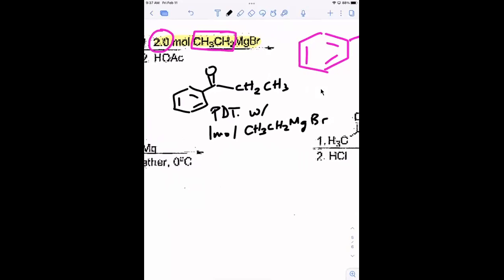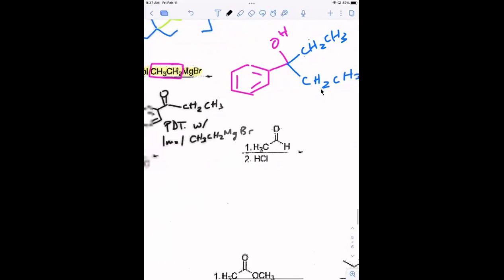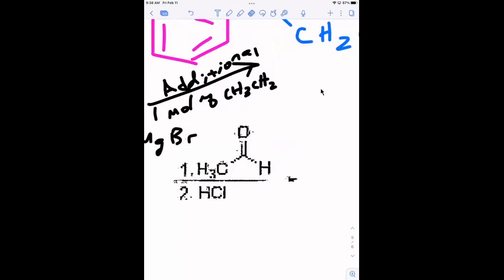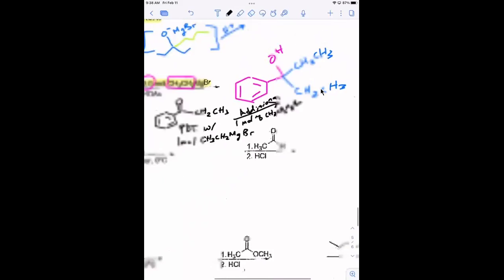Right? That's all I would have, because I wouldn't have another equivalent of Grignard to react with the ketone to give me the alcohol. So I would need to add the additional 1 mole of the Grignard. Right. That's how I get to that alcohol.